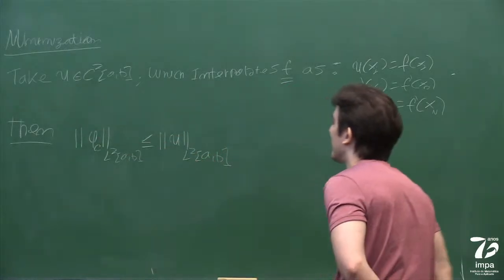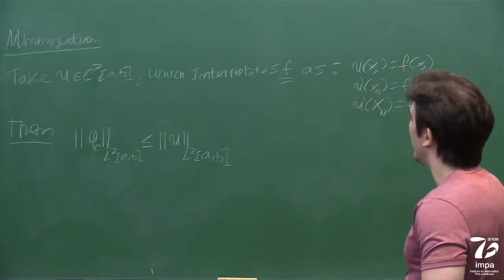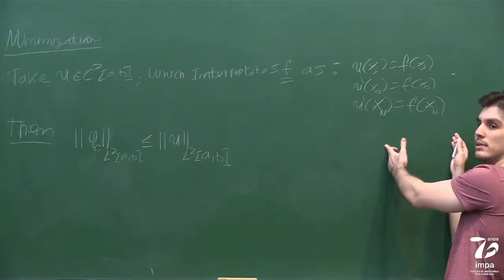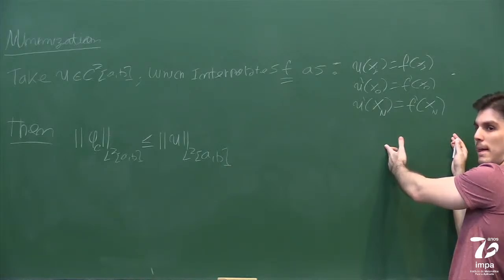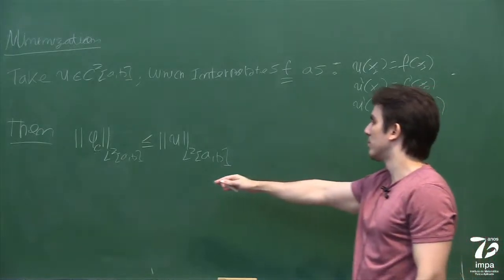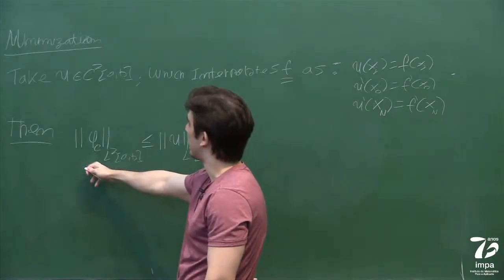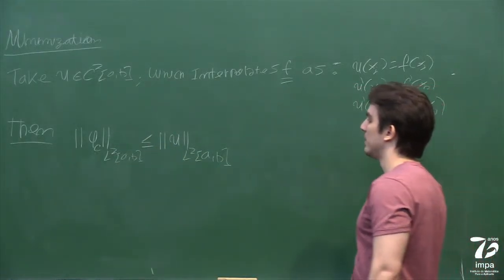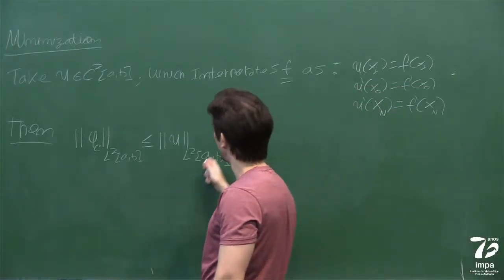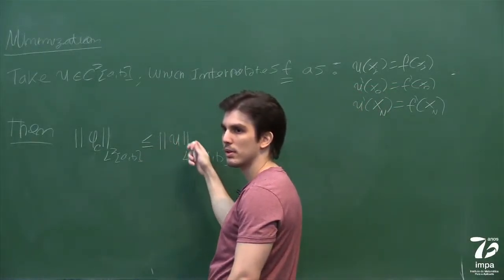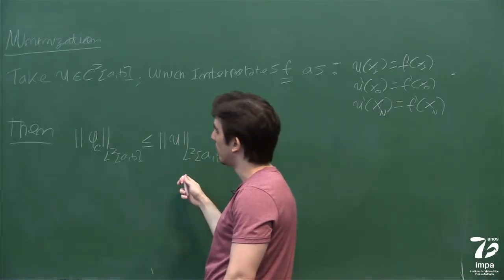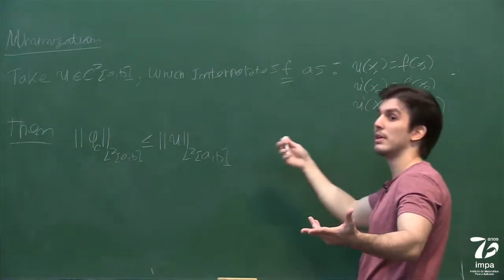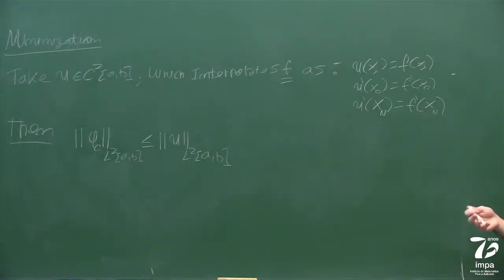So let me say it again. You take any C2 function which interpolates f like a clamped spline, right? This tells you that the cubic spline, which interpolates f like this, has the minimum of all L2 norms of any C2 function which also may interpolate f like a clamped spline.